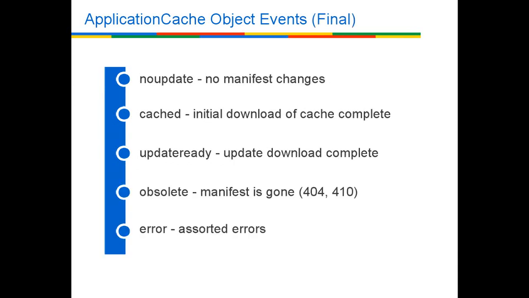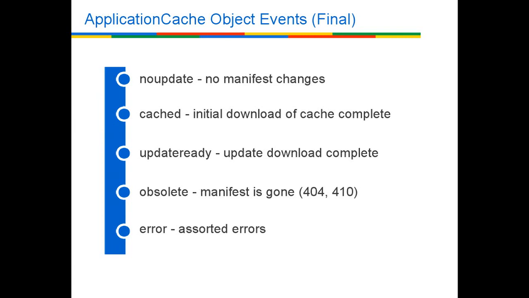And then there's some final state events, and this is when the app cache has finished attempting to update or load for the first time and has reached some final conclusion about state. So there's noupdate, which is pretty self-explanatory. There's cached, which means that this is an initial load and all the resources were fetched successfully.